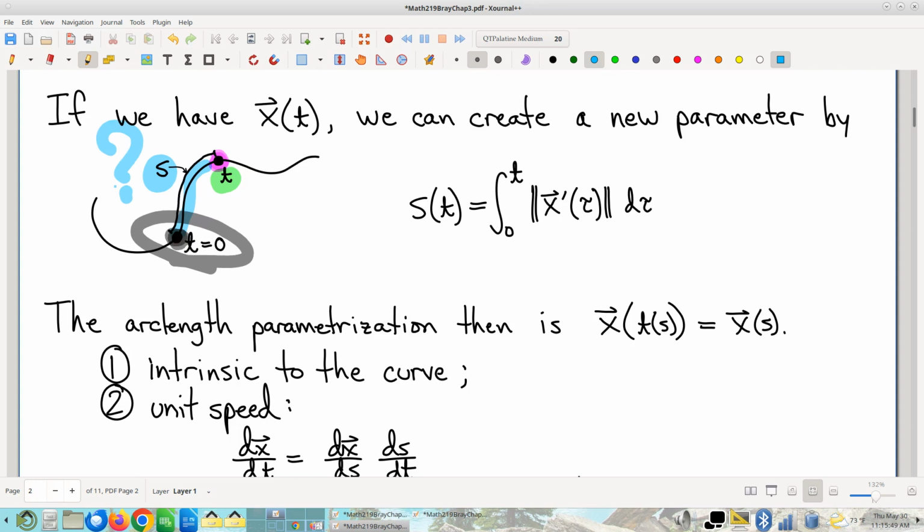This idea of using distance as a parameter to describe location on a curve, but I claim you all have actually seen this in your everyday lives probably. You may or may not have noticed. But when you're driving down the freeway, they have what they call mile markers. Mile markers are arc length parameterizations. They literally give you position by where did they stick that sign into the ground, right?